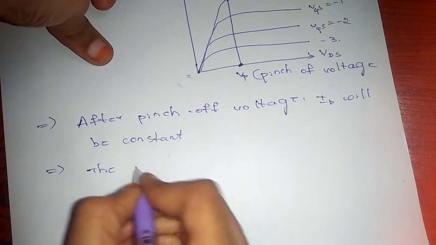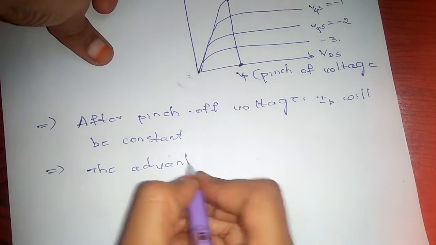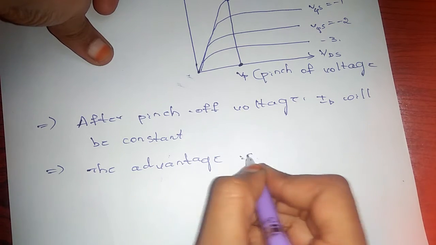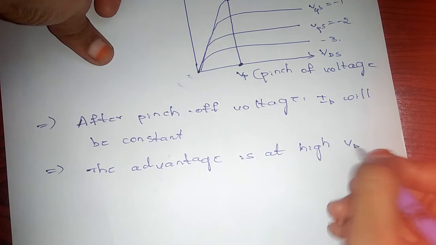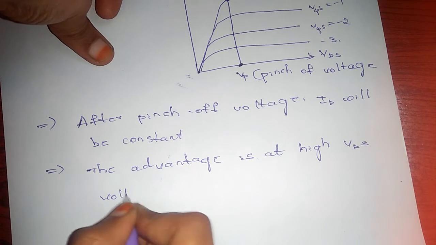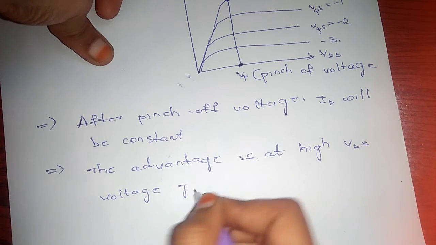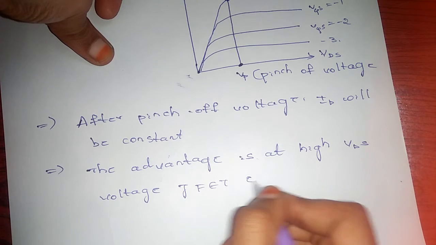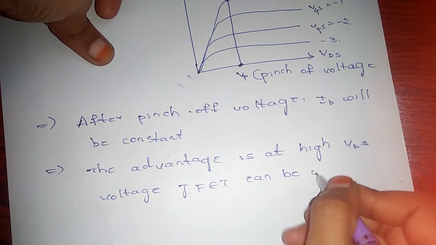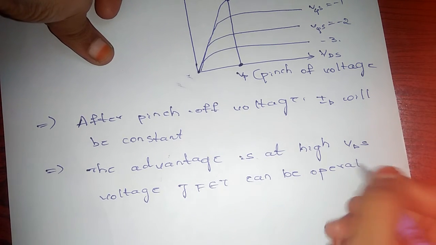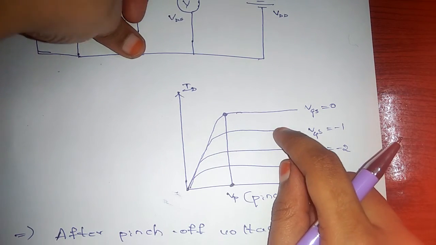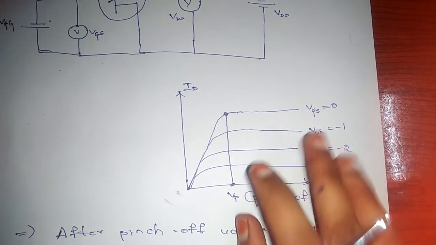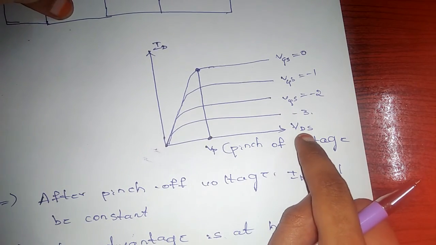So the advantage is that at high VDS voltage, JFET can be operated. Why? Because as ID is constant, there is no damage. So you can use this JFET for higher VDS voltages.